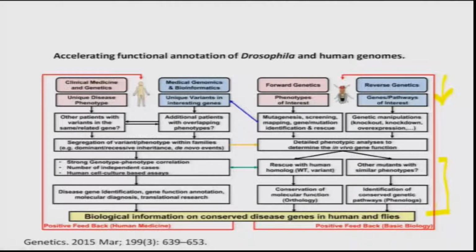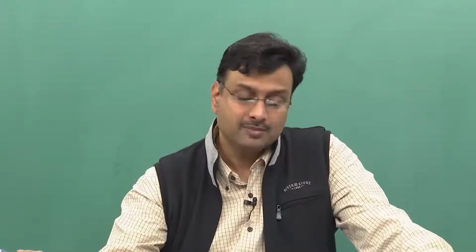Now whatever you have gained from this kind of study, you can apply this knowledge to the human, because you cannot do that kind of studies using the human population. So you have to infer from what has happened, one way or the other, in mutations in the families. But this information that you gain from fly can be applied to the human, and you pretty much figure out what could possibly be the function of this gene in humans.